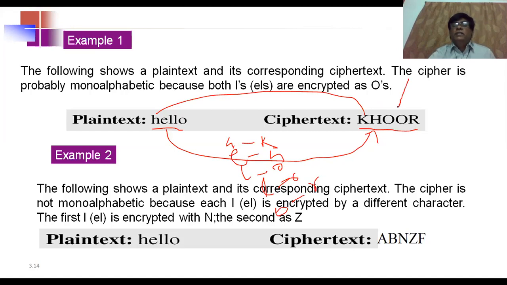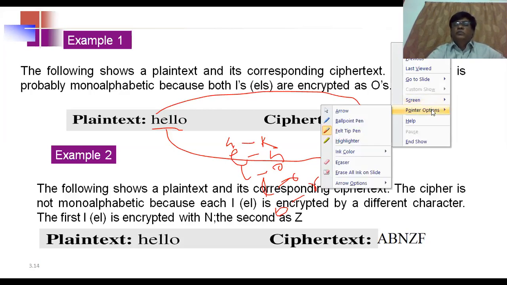Suppose the attacker receives this message, he doesn't know what this text is. It is impossible to understand this message.